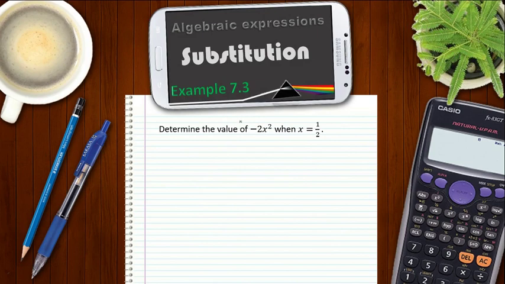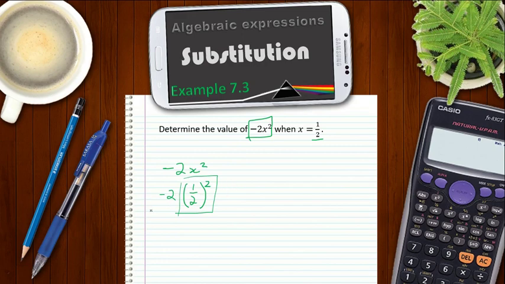Okay, 7.3. My expression is minus 2x squared, and my value is a half. So this becomes minus 2 in brackets, a half squared. Now, important, we have to simplify this part first before we can multiply with the negative.